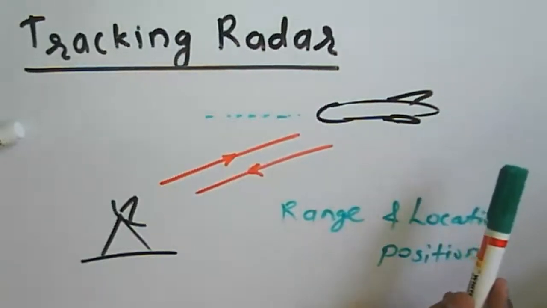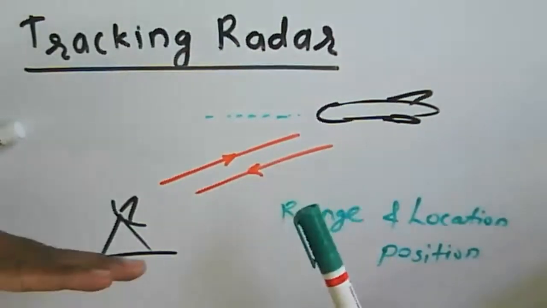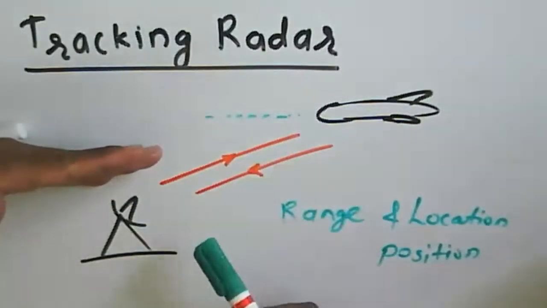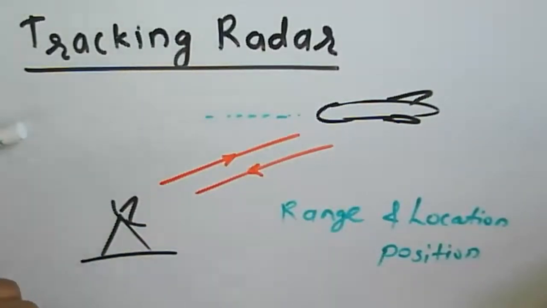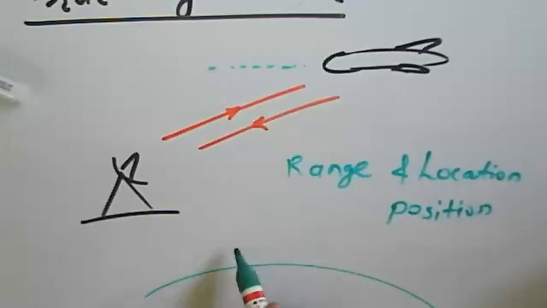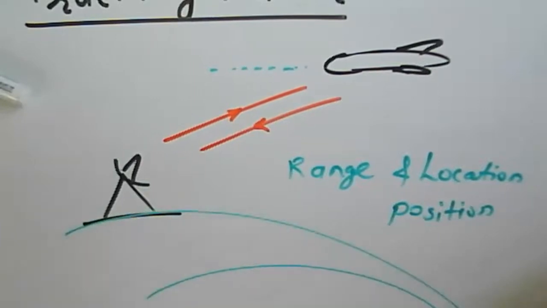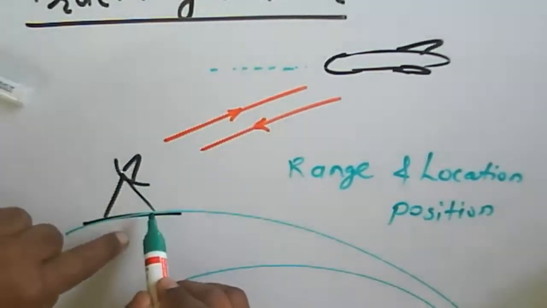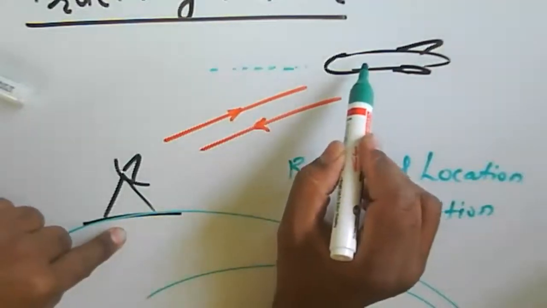So in that case, we need to know the position in terms of azimuth and elevation. So what do azimuth and elevation mean? From the ground surface, this is nothing but the ground surface. From this particular ground surface, what will be the position in terms of the angle?